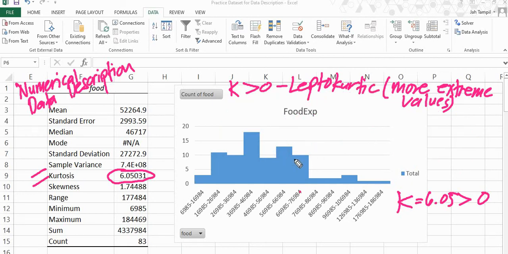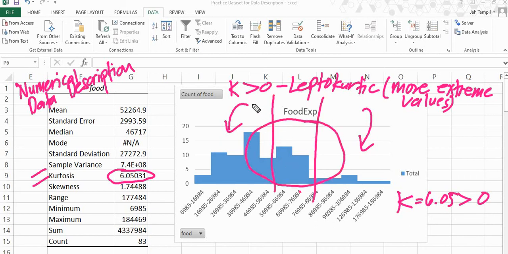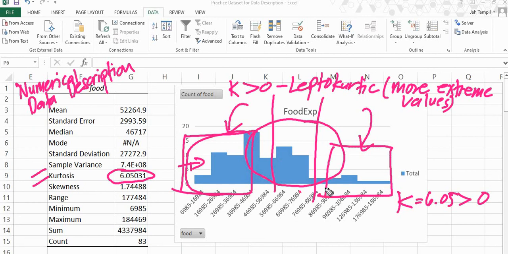There you go. So, our tails are usually here at the lower ends. And as you can see, if this is our middle portion or somewhere around here, just like in skewness, we have actually more lower values, which are these. So let's make it into a box. So these are extreme values. Moreover, we also have data here, which are also extreme values.